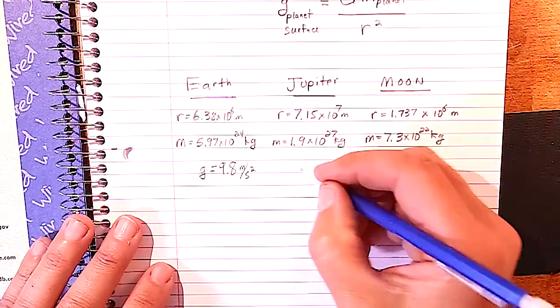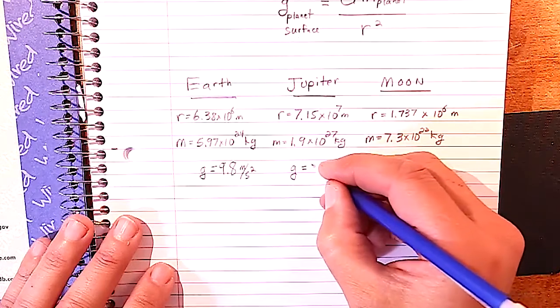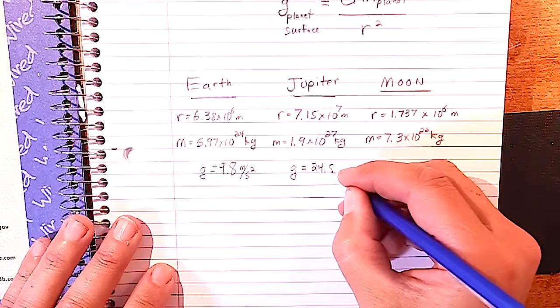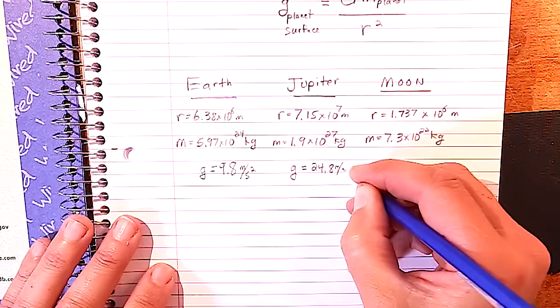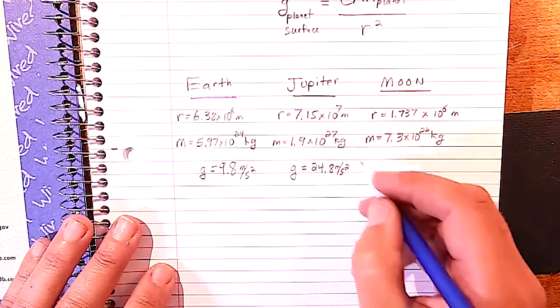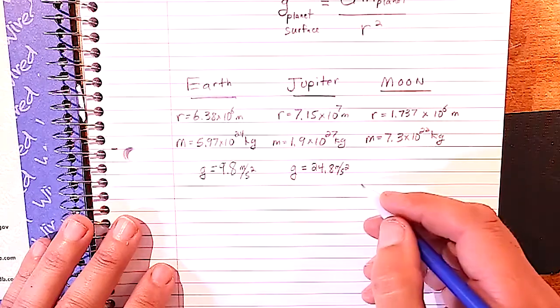And if you do this for Jupiter, you would think the value would be much higher based on the fact that the mass is so much more, but it is much less dense. So it's definitely higher, but it's not as much higher as you might expect.